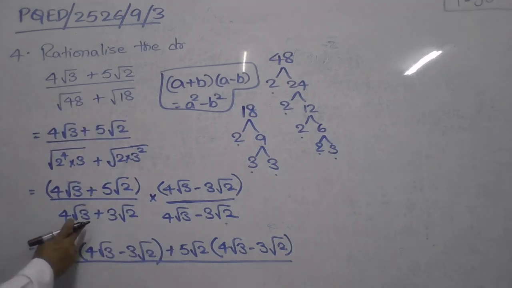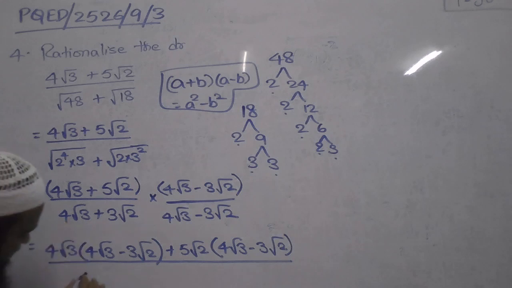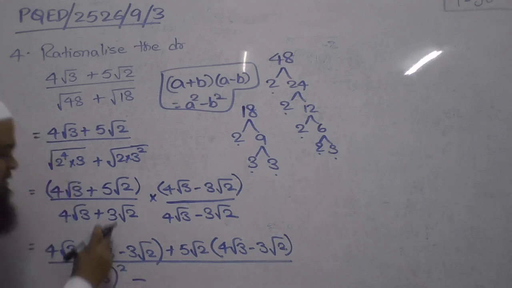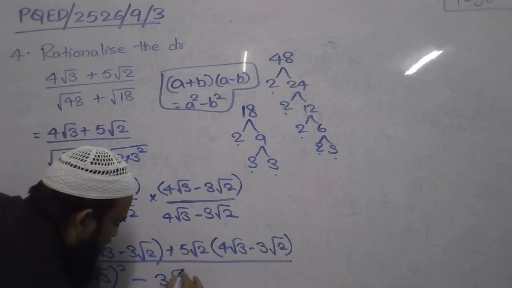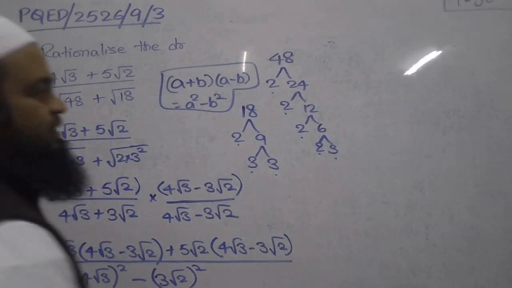So now here a plus b into a minus b is a square minus b square. A square means 4 root 3 whole square minus 3 root 2 whole square. Okay, now let us see the next step.